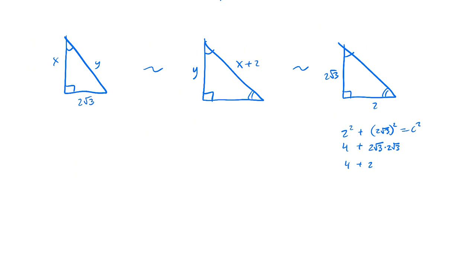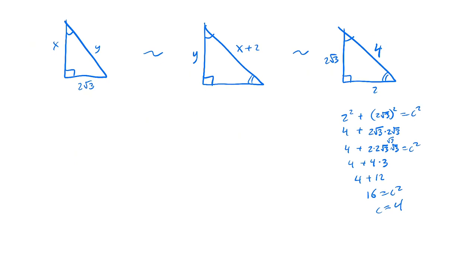So that's 4 plus 2 times root 3 times root 3, just by reordering that. So that's 4 plus 4 times 3, because square root of 3 times square root of 3 is square root of 9, or 3. And then that's 4 plus 12, or 16, is c squared. So c is square root 16, or 4. Okay, so this was 4 right there. That's good to know.